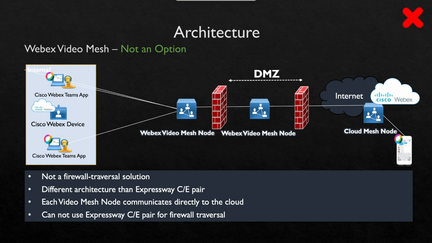That's your firewall traversal solution, not these video mesh nodes. It's not the intended purpose of these servers either, because these servers have been designed to communicate directly with the cloud. They will never communicate with one another. Therefore, you couldn't set this scenario up anyways because it goes outside of the designed purpose behind these video mesh nodes. Okay?